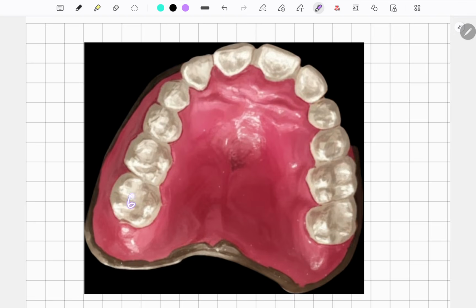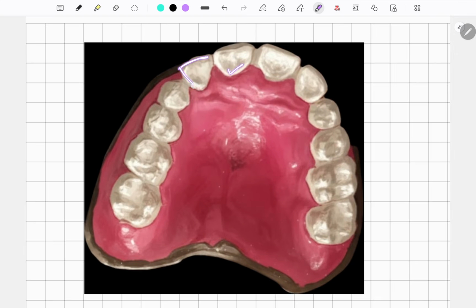The 6th tooth will be definitely a permanent tooth. The 1 and 2 are also permanent teeth, because if you can see, this mesiodistal width is too much, and if it is too small like this, then it could be primary, but this is too wide. The mesiodistal dimension is proper for permanent teeth.